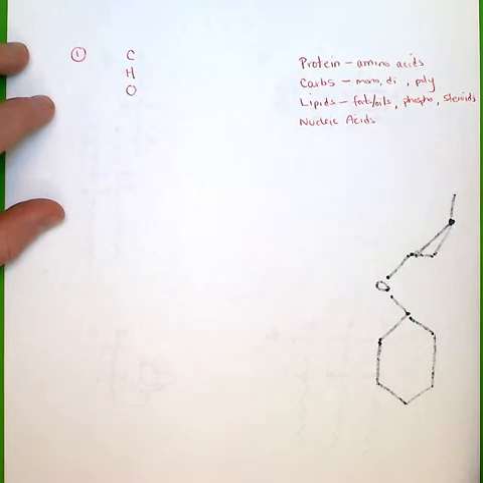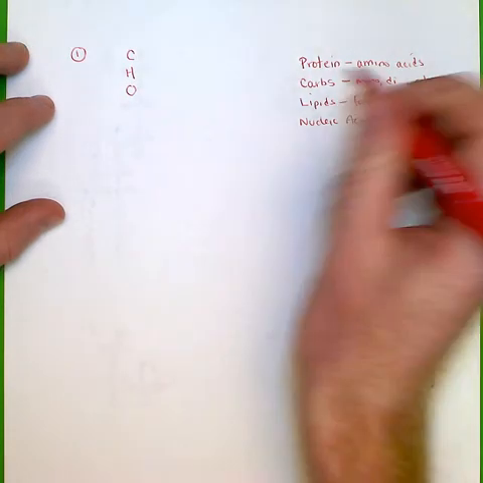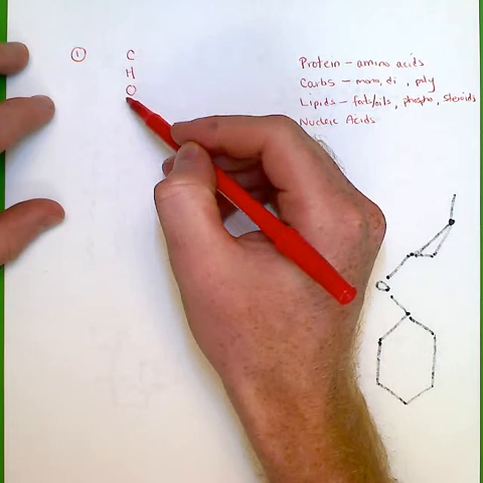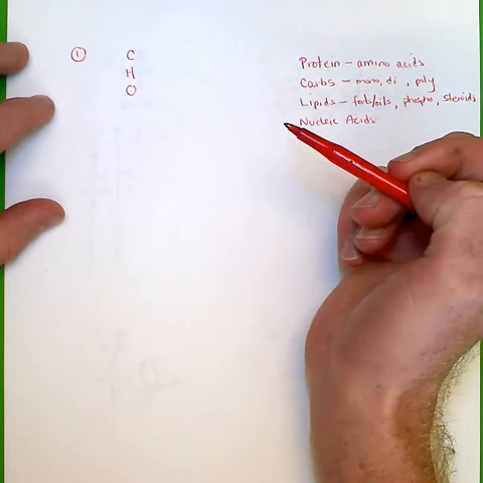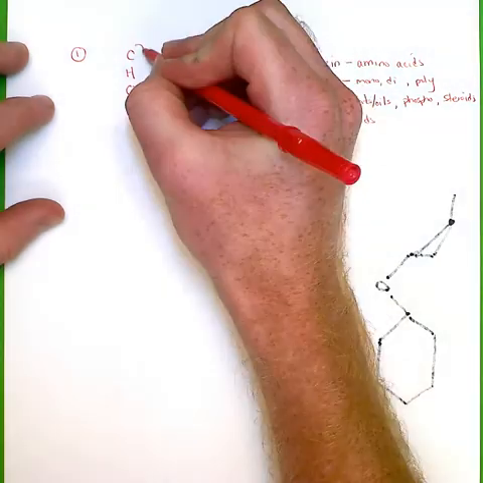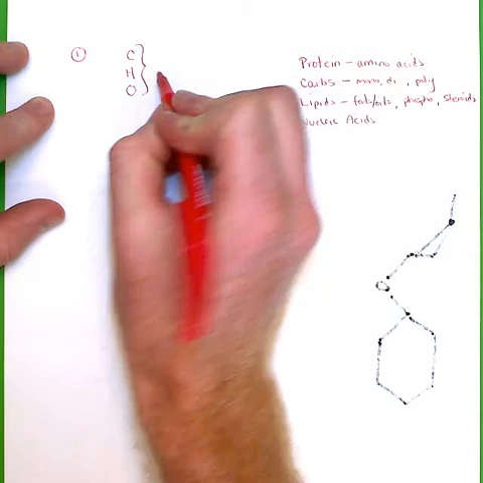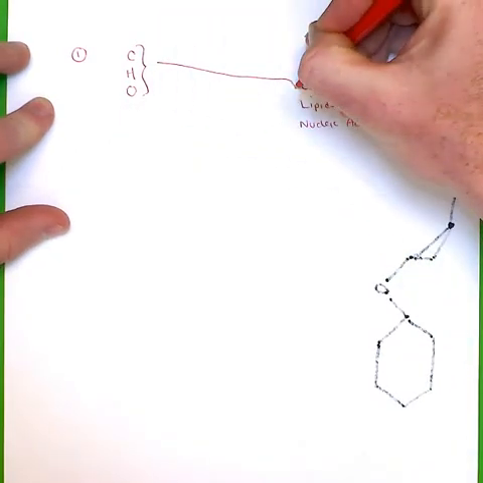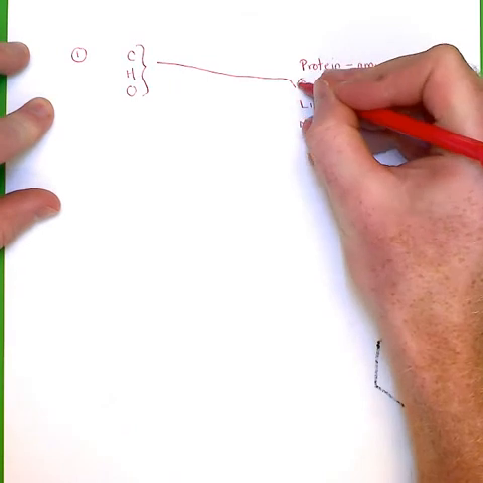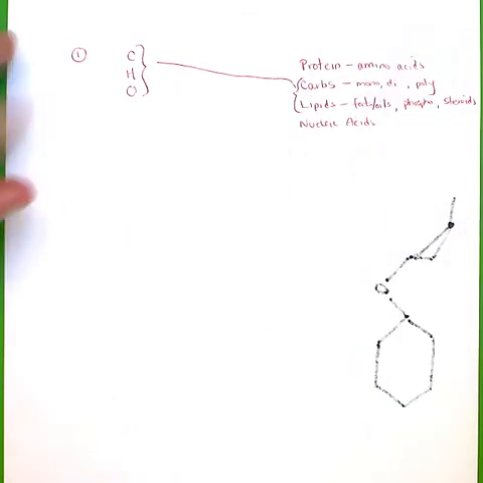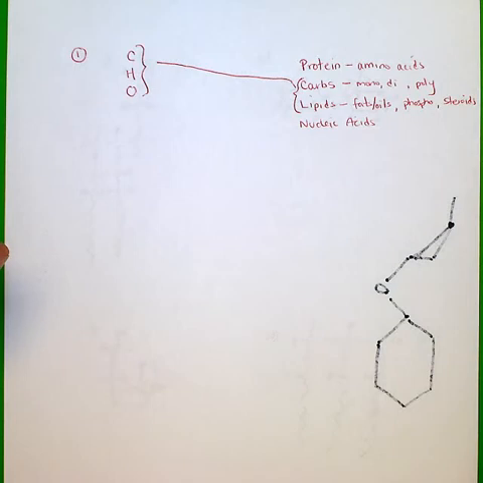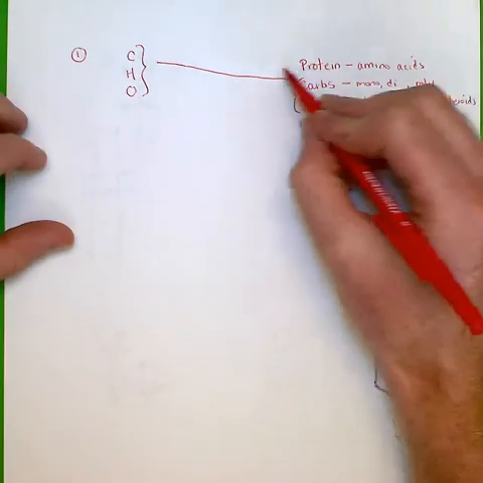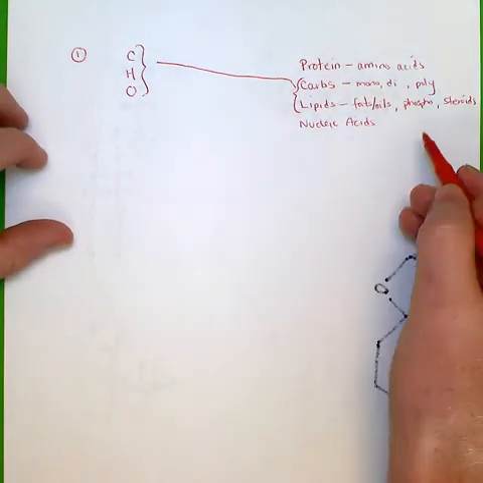If your molecule has these three elements and nothing else, that means that you are either going to have a carbohydrate or a lipid. That's it. Those are your only options. You've eliminated protein, you've eliminated nucleic acids.